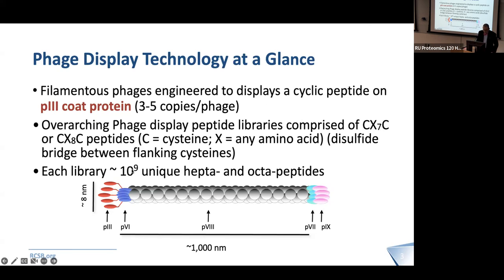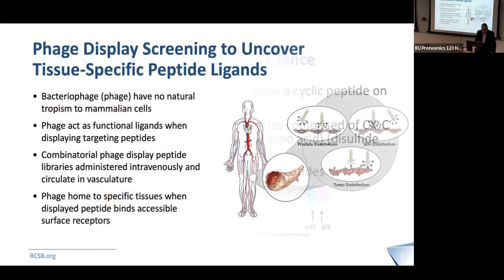So in this way, we can display 10 to the 9 different cyclic peptide sequences on P3, and then use this as a probe to understand the vasculature of mammals, and understand the peptide binding properties of receptors that are present in the mammalian vasculature.